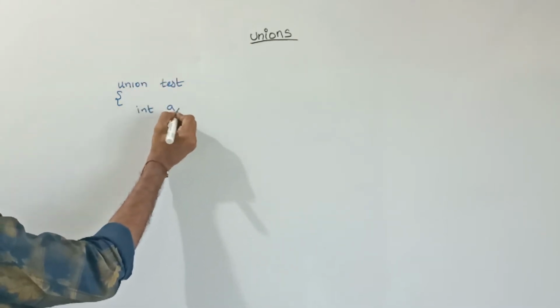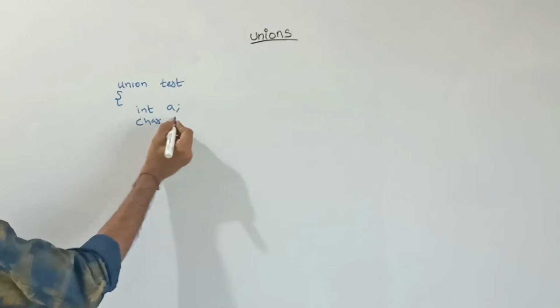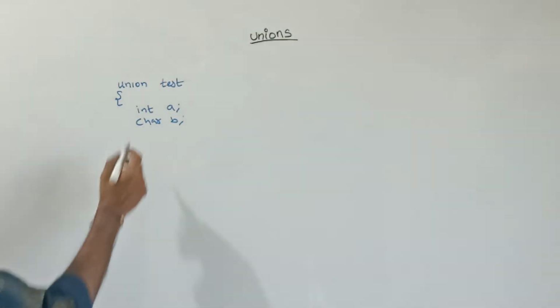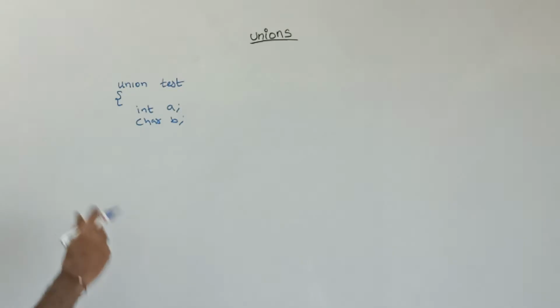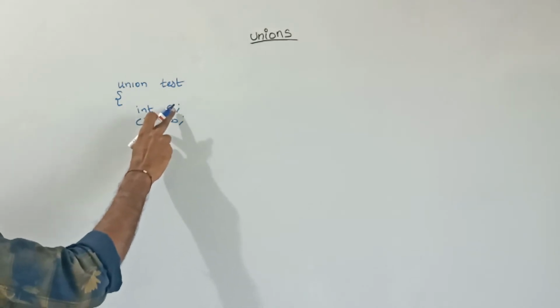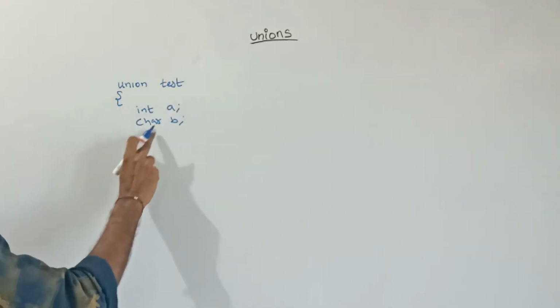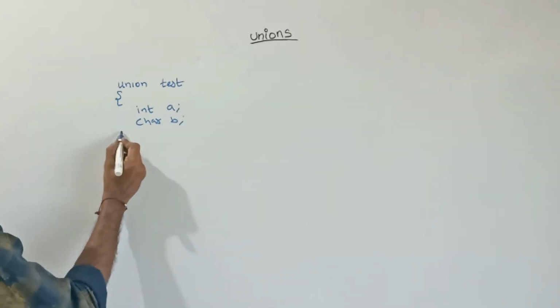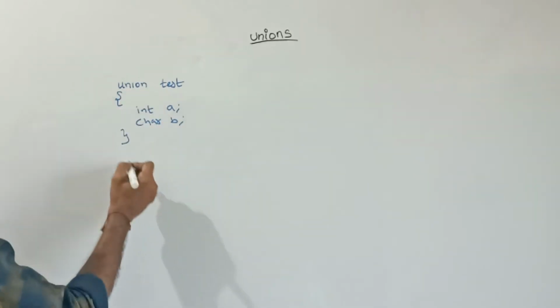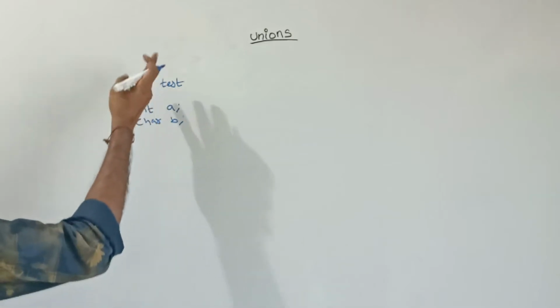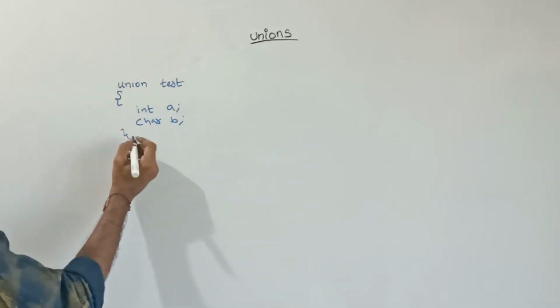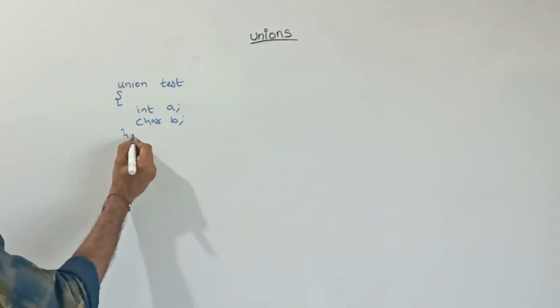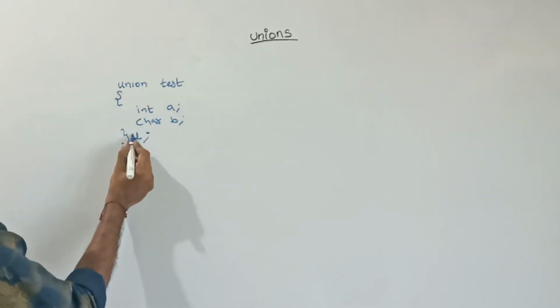Let us assume 2 members, integer and character data type. The integer variable name is A. For the character data type I have given the variable name as B. Now I am closing the union. I am declaring the union variable here itself. Let us assume the union variable name is U.